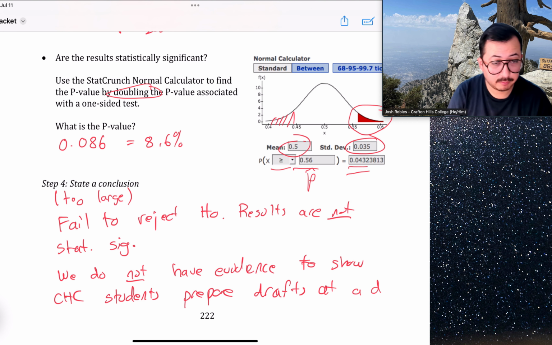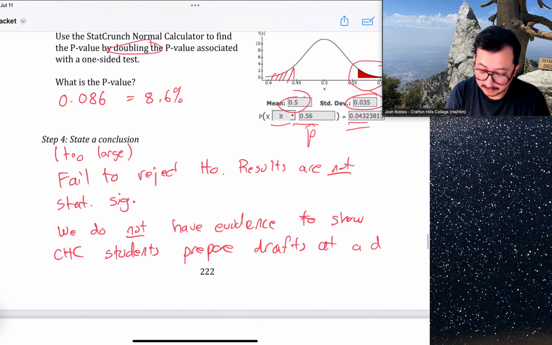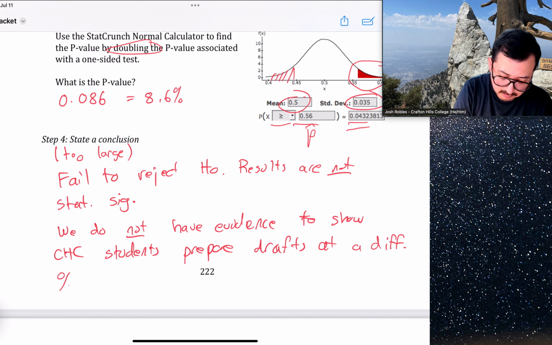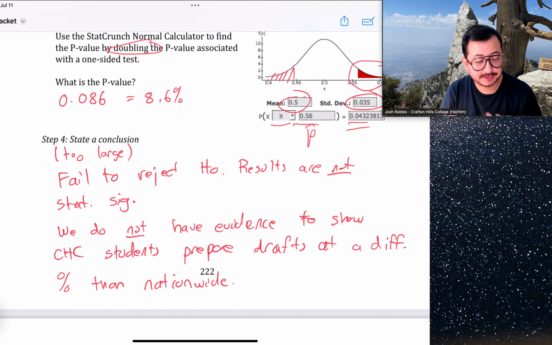Sorry, it wasn't more. I've got to correct myself there. We were trying to prove that it was just different. So we should really clarify here that it's a different percentage than nationwide. So 56 was different than 50.